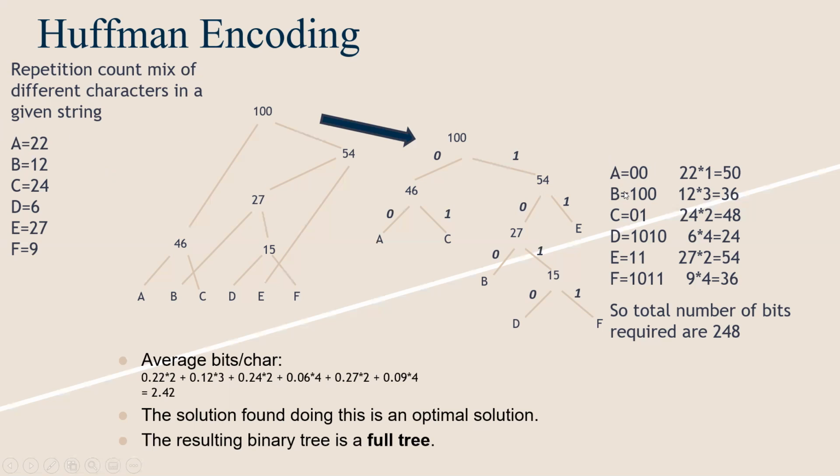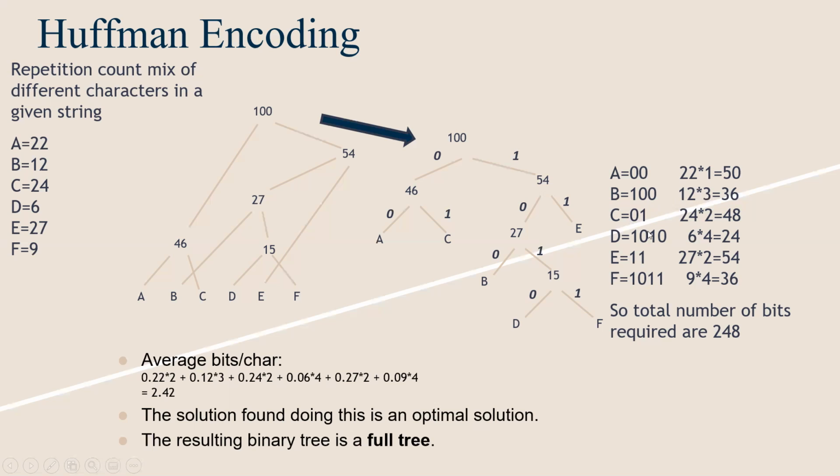Okay. Then B's repetition count is 12, and B's code consists of 3 bits. So 12 into 3 gives 36, meaning the total repetition count of 12 for the B character will consume 36 bits in the encoded message. Okay.